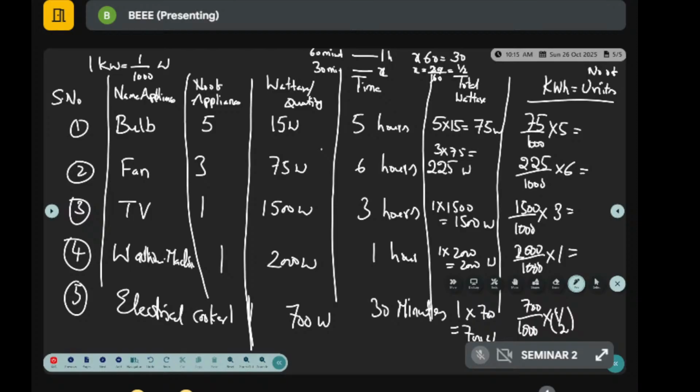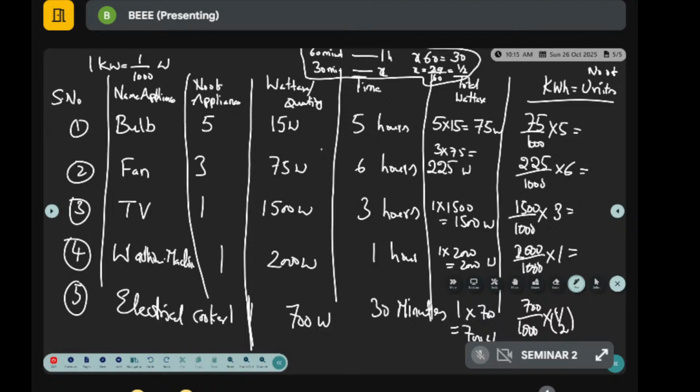Here, 60 minutes is equal to 1 hour. 30 minutes is equal to how many hours? Cross multiply, 60x is equal to 30. Then x is equal to 1 by 2 hour. 1 by 2 is nothing but 0.5.